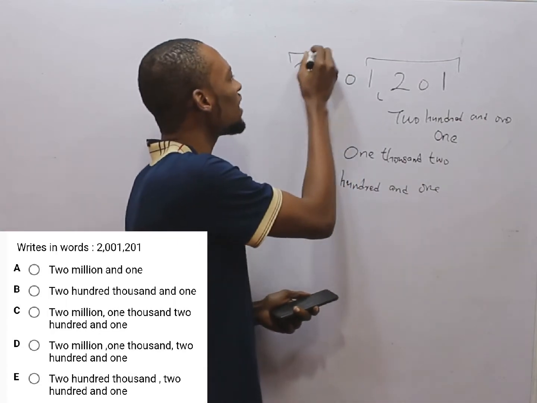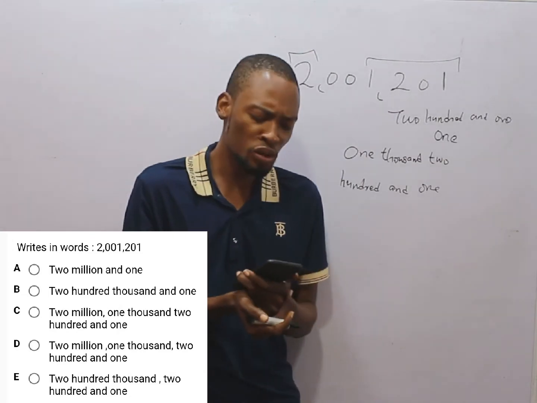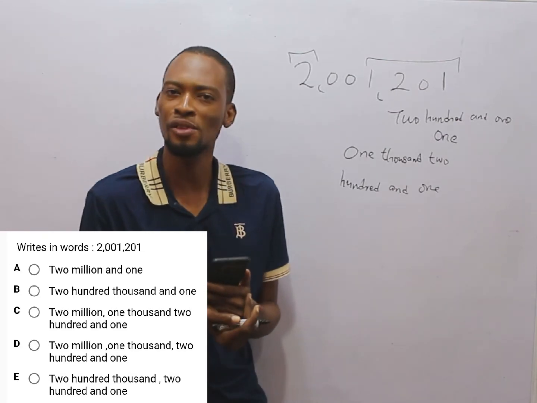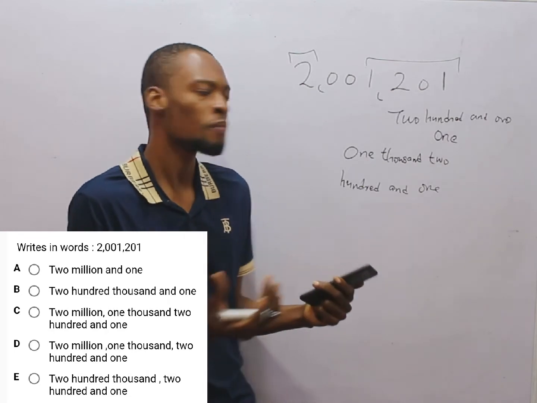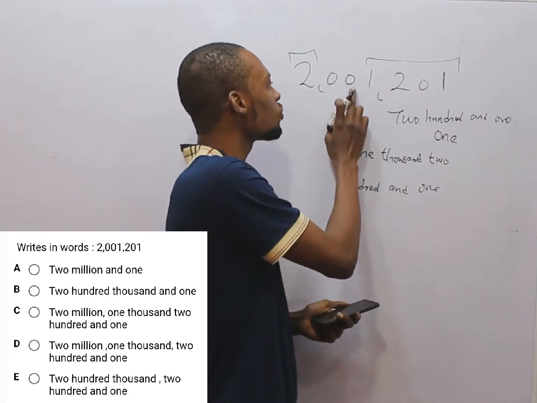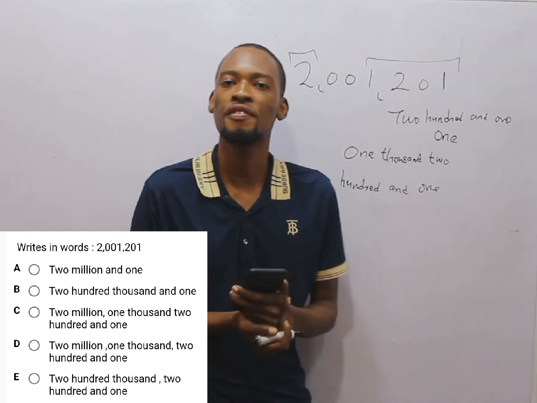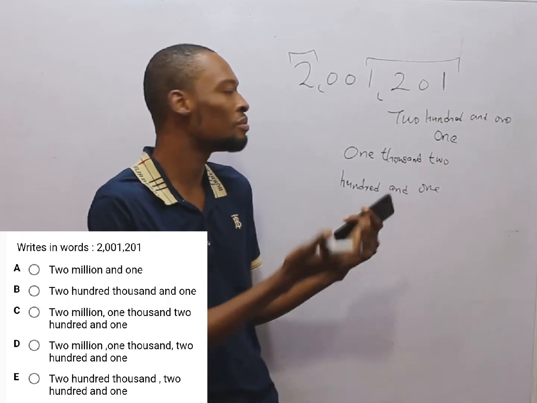Now, what is the place value of 2 in this case? To know the place value of 2, ask yourself, how many numbers do we have in front of 2? Here we have 1, 2, 3, 4, 5, 6. We have 6 numbers in front of 2. 6 in front of a number simply means that number is in million.